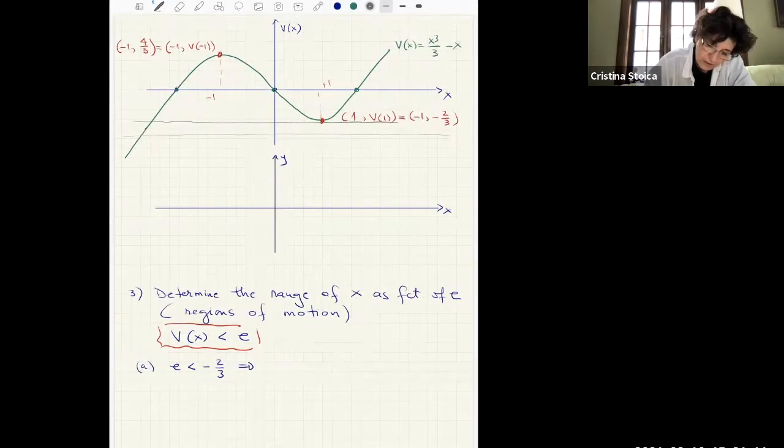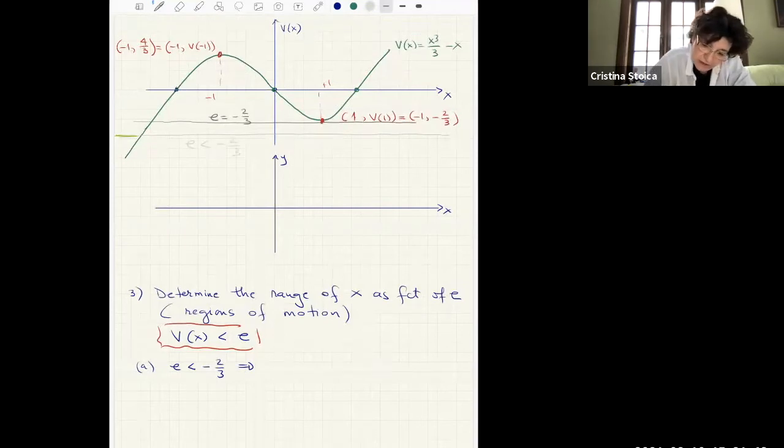If it's under, the only possibility for the motion to take place is somewhere here, because the dark green curve has to be under the horizontal line corresponding to the level of energy. So this is E less than -2/3.